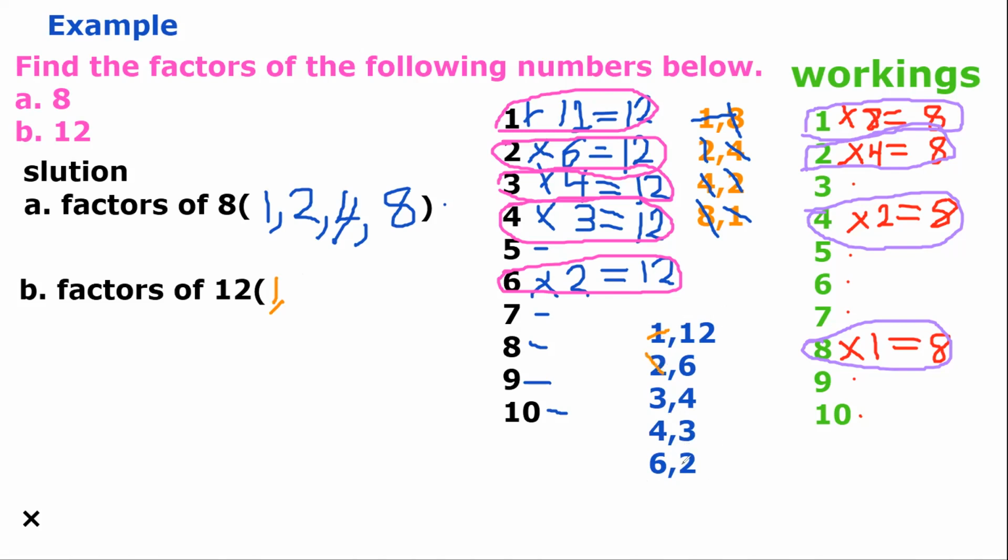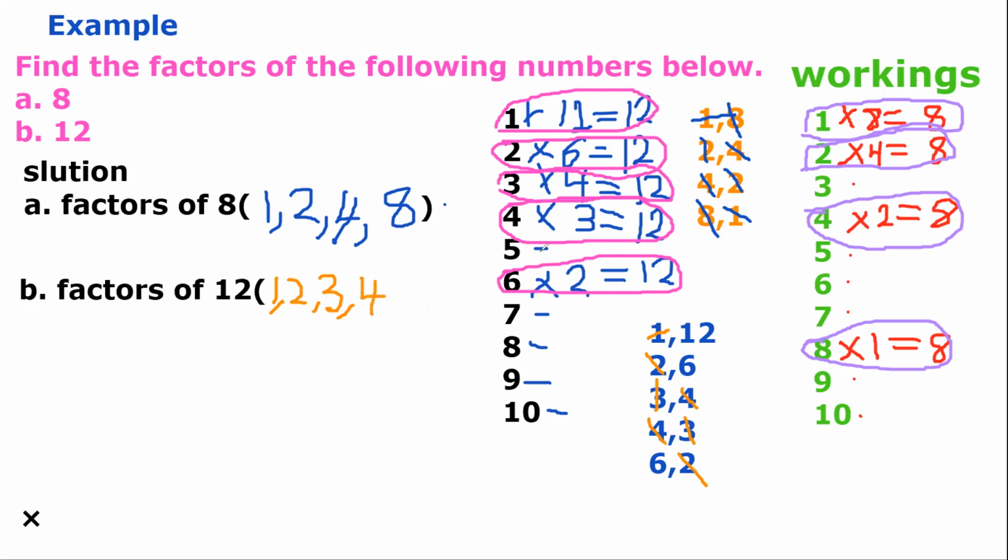The 2 appears twice, so you take 1 of it, okay? Then 3 is the next number. 3 also appears twice, so for 3 we take one. Then 4, there's another 4 as well.